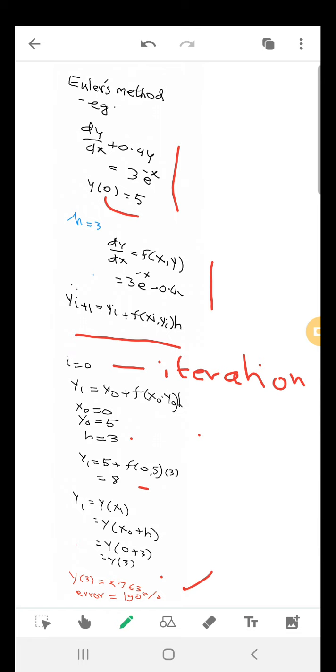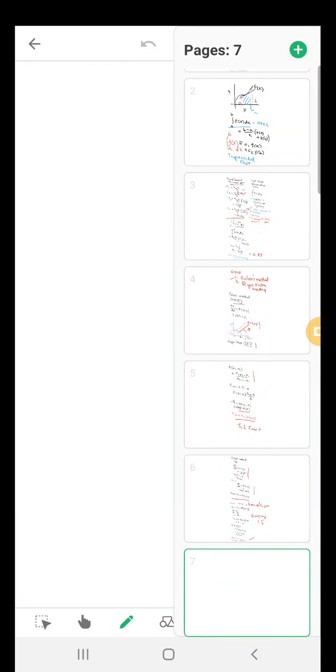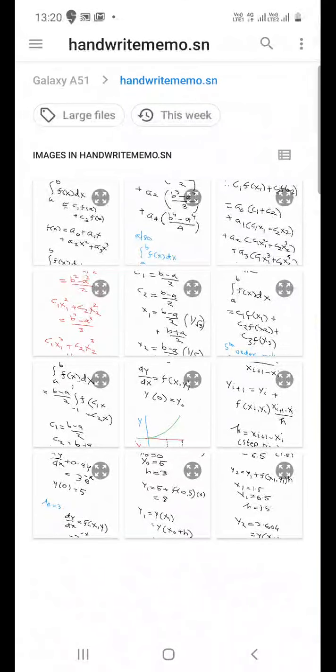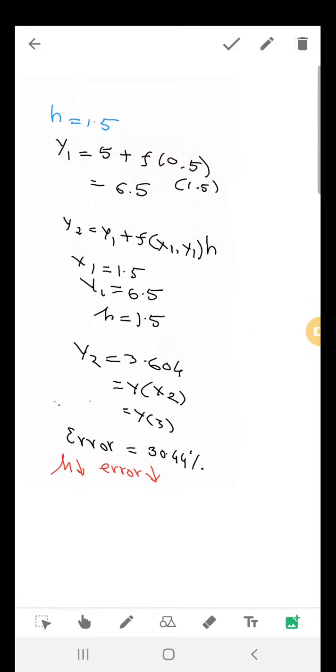Now to reduce this error, what do we need to do? We need to reduce the value of h. Initially, this was 0 and this was 3, so there has been a huge error by taking 3. So we take half of this, that is, we take 1.5.